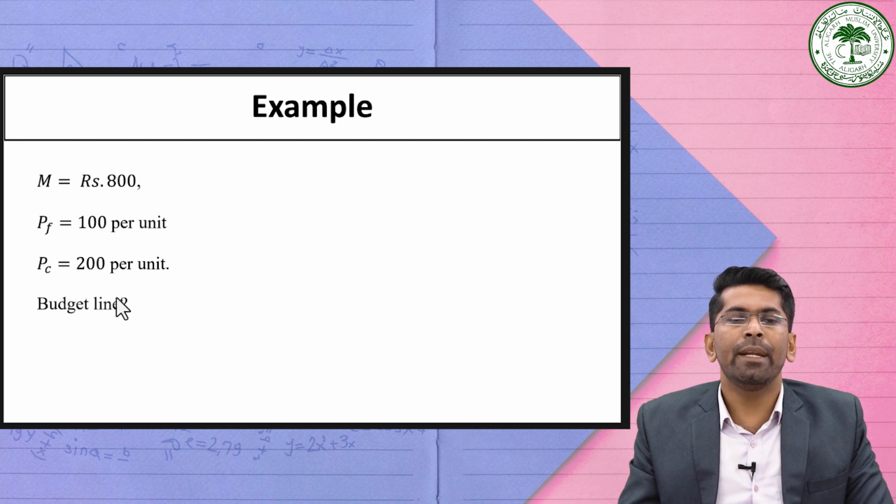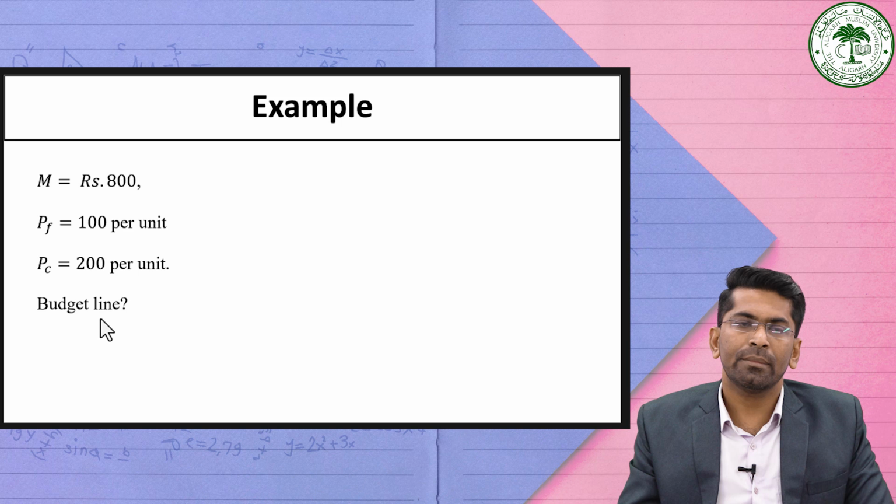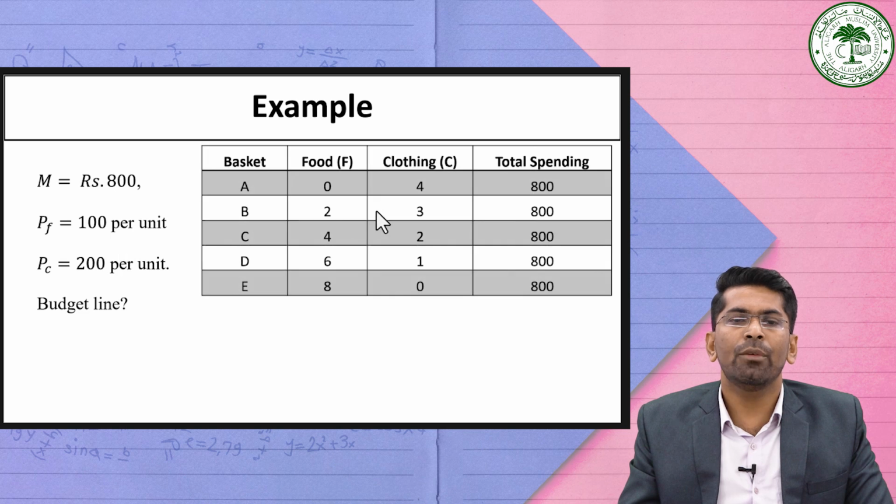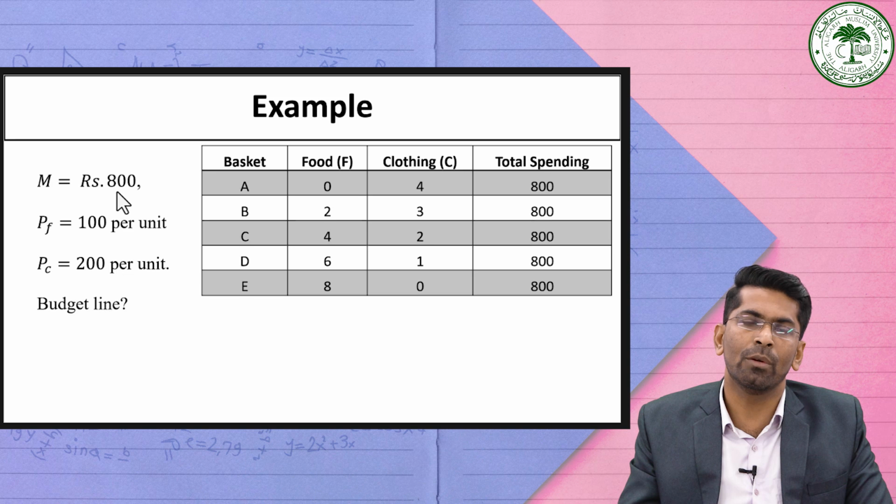So we want to find out the budget line here. By using this particular information, we can make a table showing the various combinations of food and cloth that the consumer can purchase each day by using the income of 800 rupees.